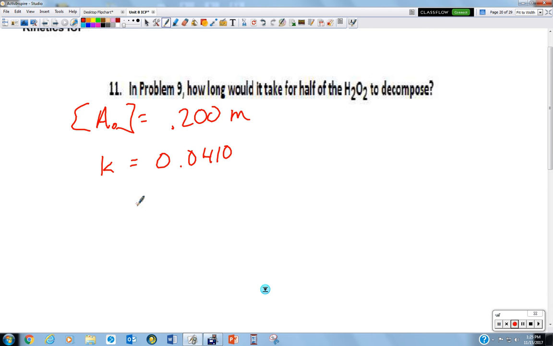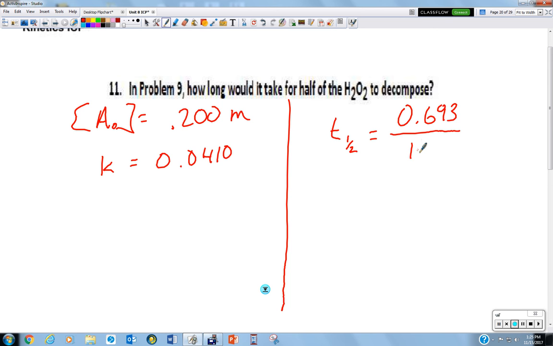Now, if we use our half-life equation for a first order reaction, that's going to be 0.693 over K. So all we really have to do is we don't even need the original concentration. We just need to plug in K.